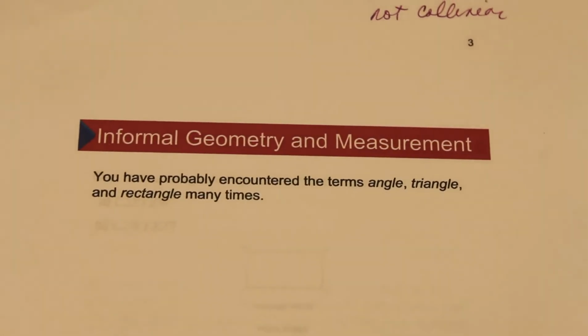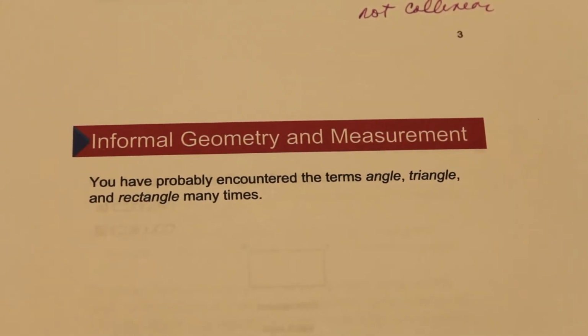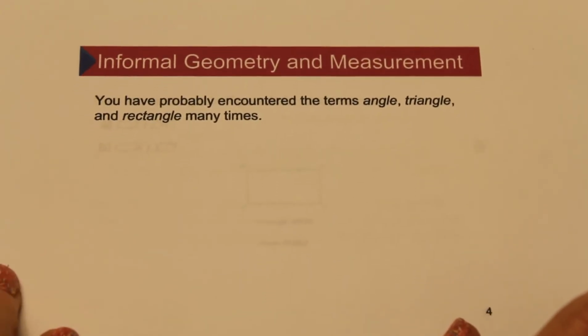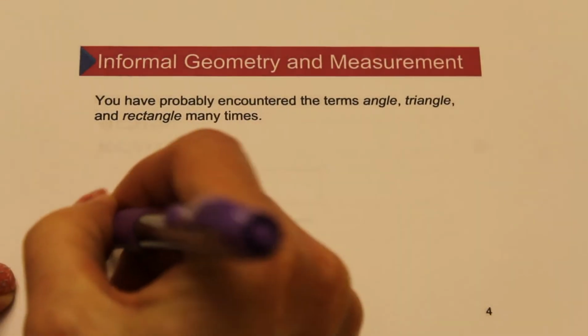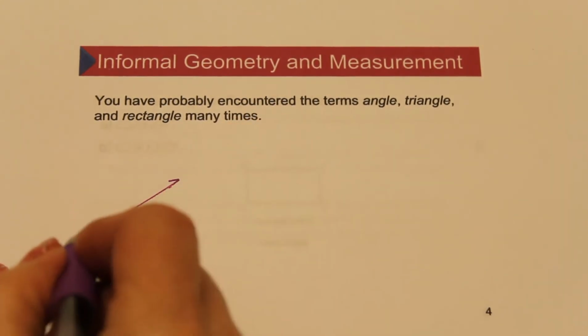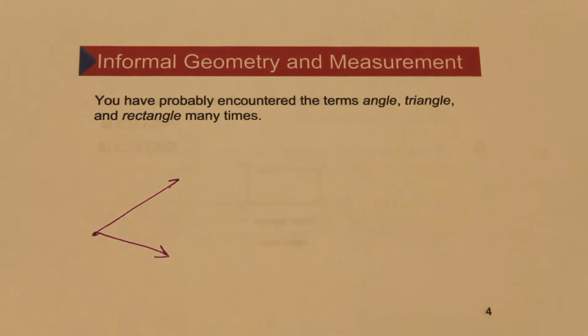And then you've also probably used the terms angle, triangle, and rectangle, but let's make sure we know the geometry notation for these. Angle, an angle has a vertex. This point right here is called the vertex.